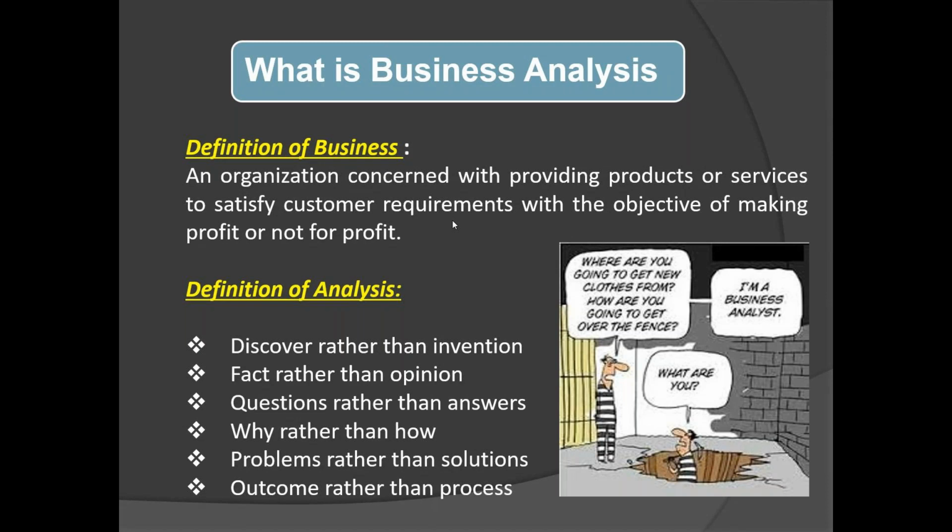Our motto is to satisfy customer requirements by providing products or services. And the definition of analysis includes discovery rather than invention, fact rather than opinion, questions rather than answers, why rather than how, problems rather than solutions, outcome rather than process. So we are going to analyze all this and provide a solution.